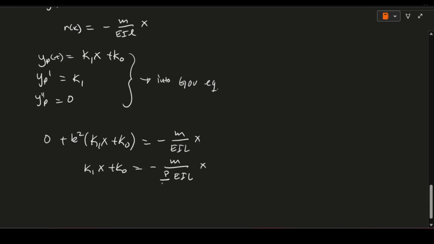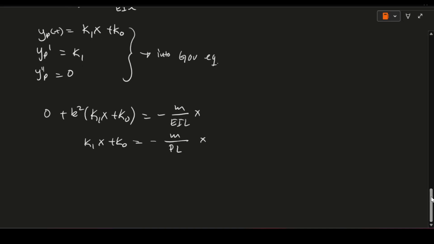But k squared is just P over EI. So EI cancels with EI, and we are left with M over PL times x. We are using the method of undetermined coefficients, so we compare the x terms. So k1 must equal minus M over PL, and the constant term, k0, must equal, well, we have 0 constants on the right-hand side, so that's 0.